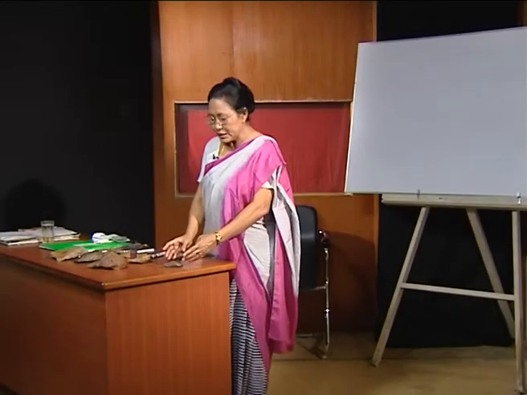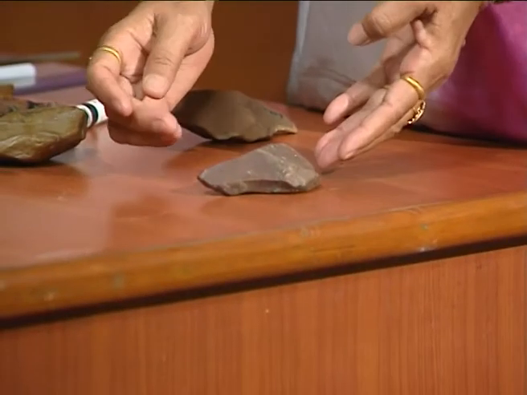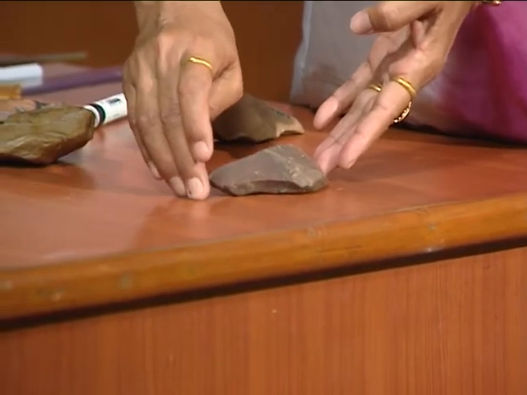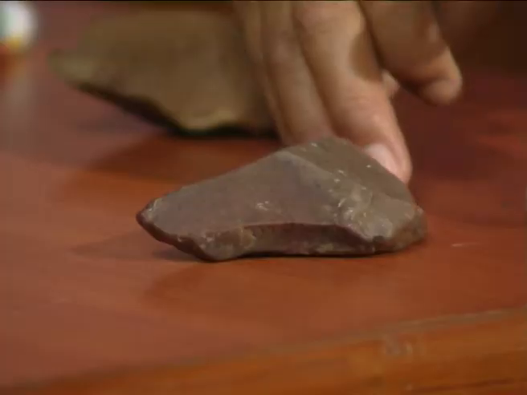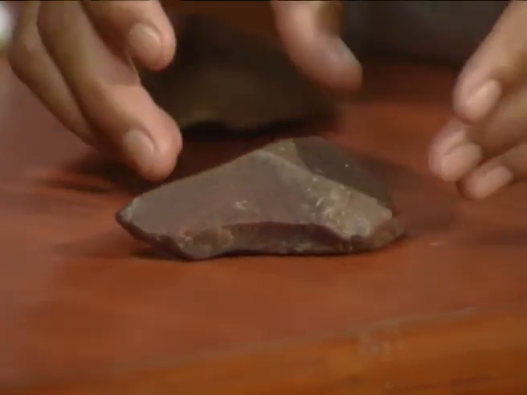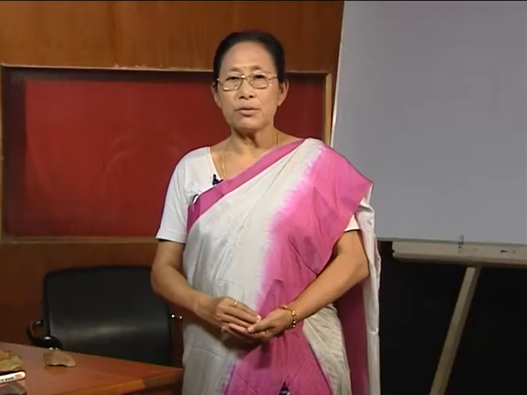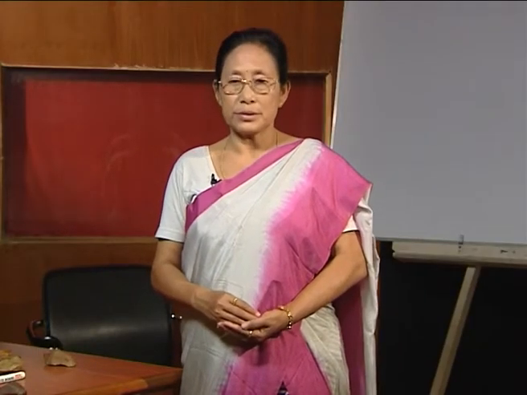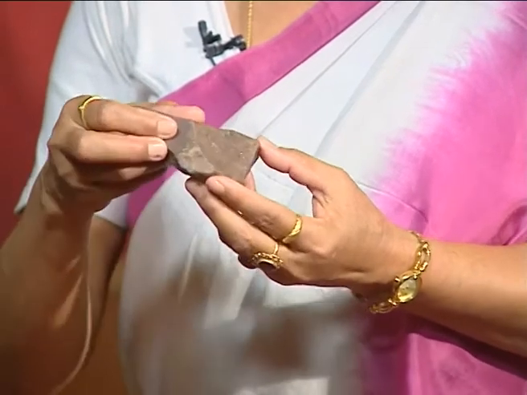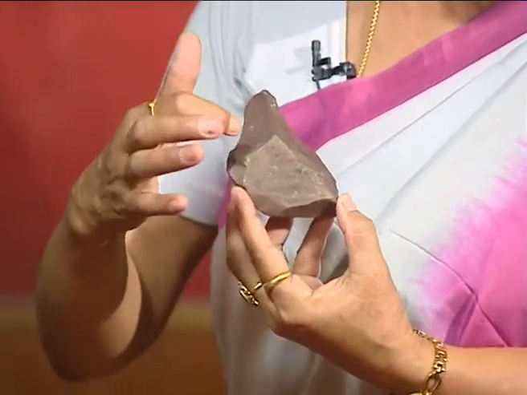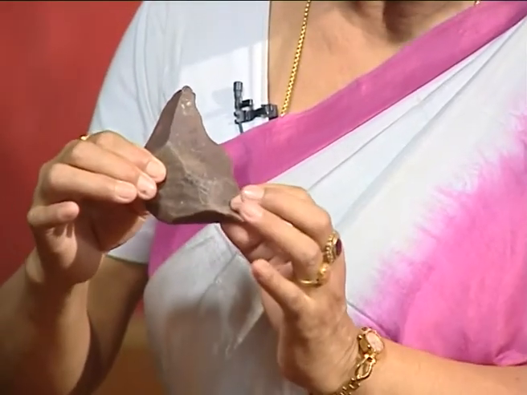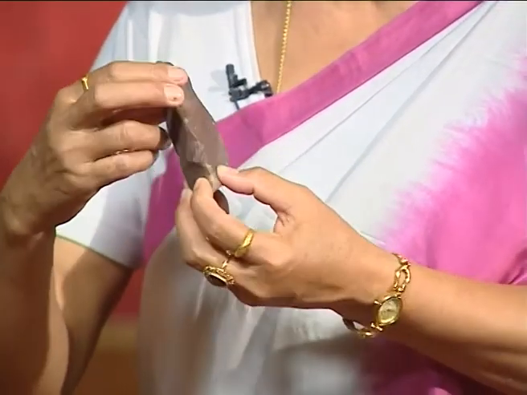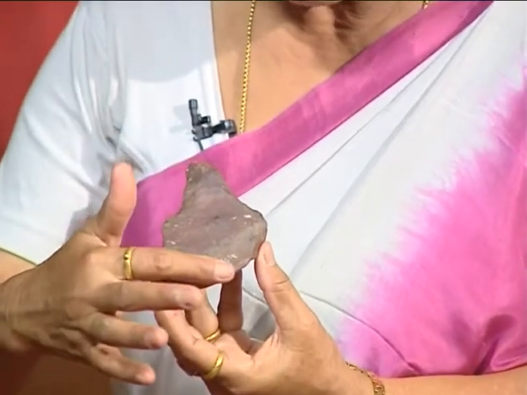For drawing this tool, one should keep the working tip facing upward and the butt end facing downward. Like other core or flake lithic tools, the dorsal surface or face 1 of the tool should be drawn first. The opposite surface is called the ventral surface or face 2.